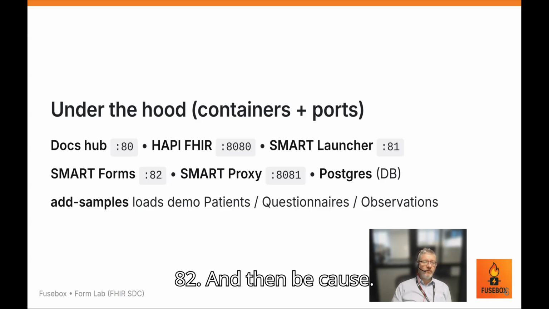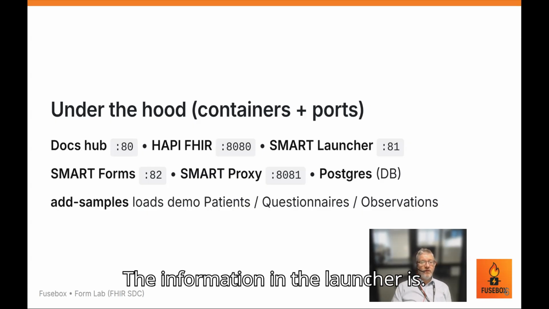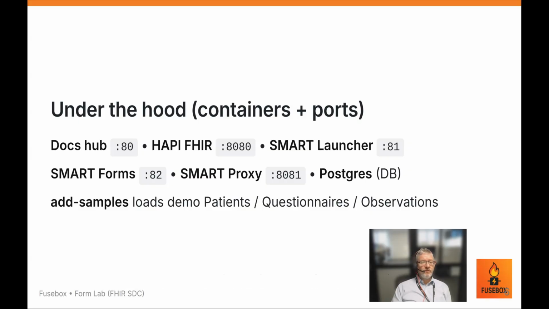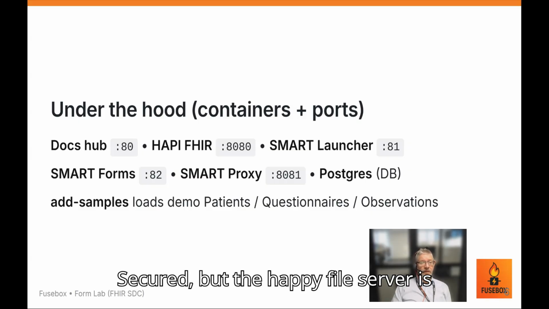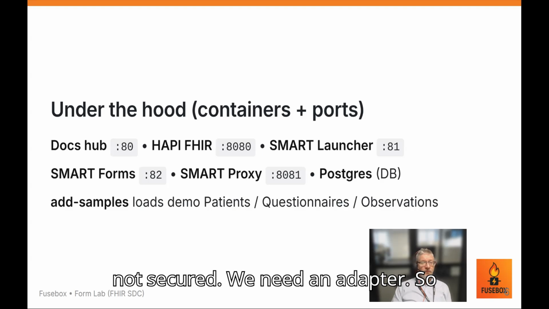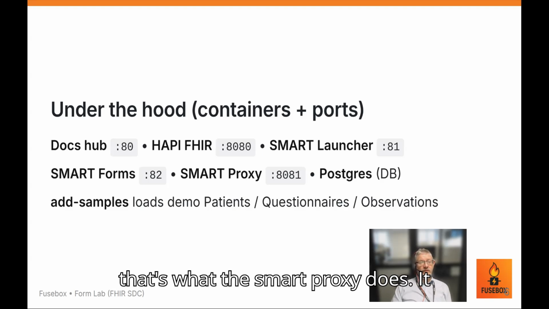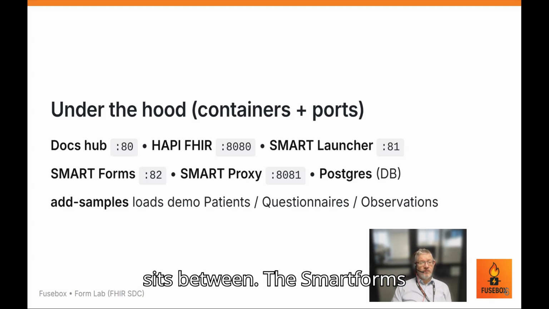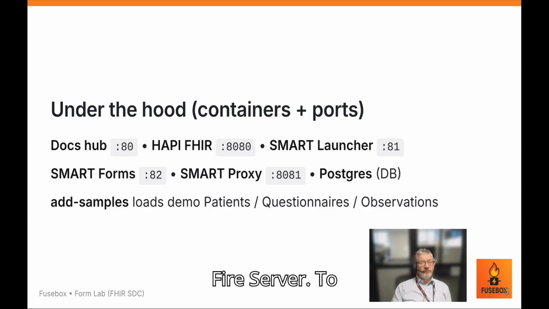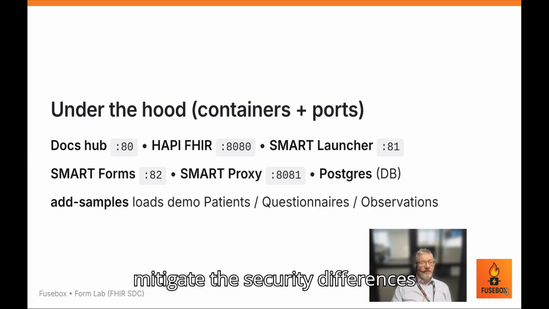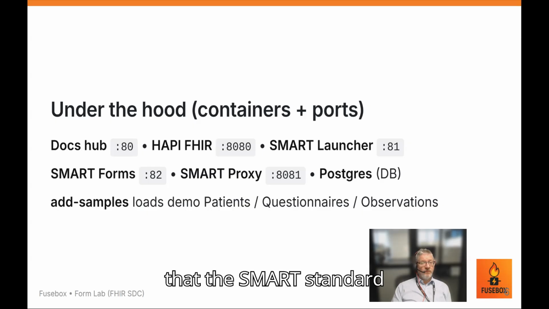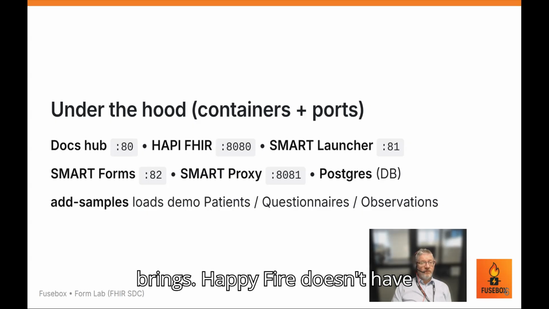Because the information in the launcher is secured, but the HAPI FHIR server is not secured, we need an adapter. That's what the smart proxy does. It sits between the smart forms, the smart launcher, and the HAPI FHIR server to mitigate the security differences that the smart standard brings.